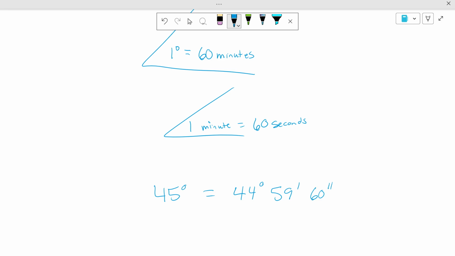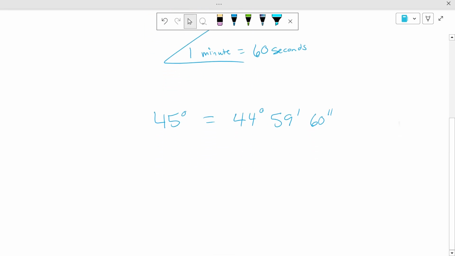And you're going, what you talking about, Bierschbach? Well, here we go. Okay. In 60 seconds, there's 1 minute, right? So if we add 1 minute to 59 minutes, it gets up to 60 minutes. And 60 minutes plus 60 minutes is the same as 1 degree. So 45 degrees would basically equal that.